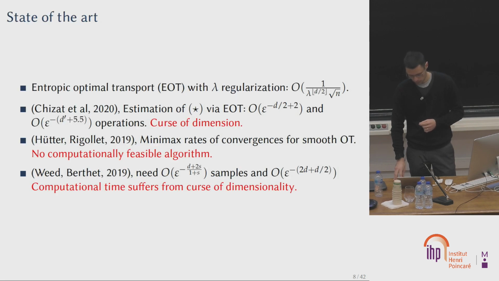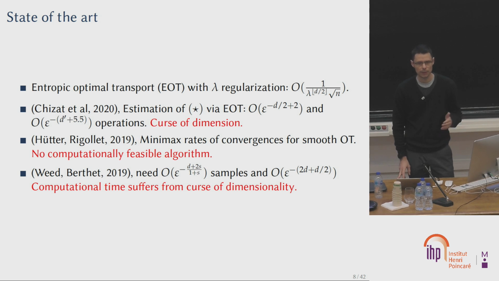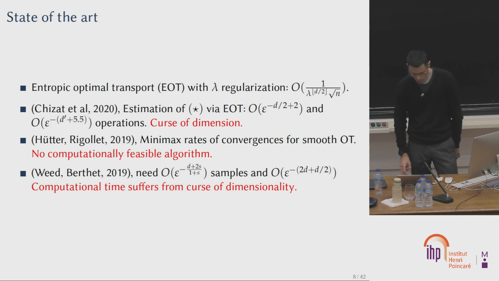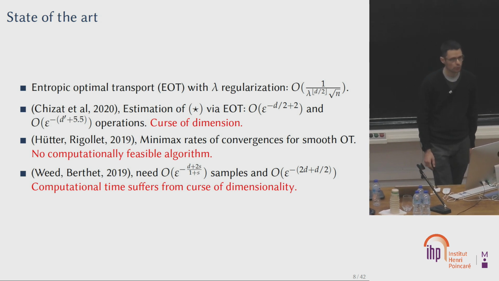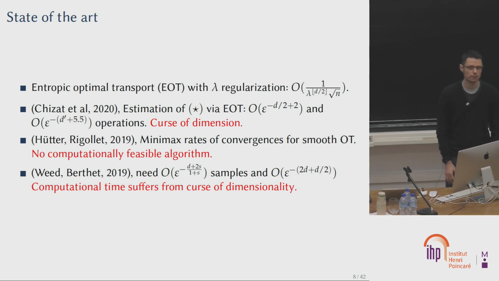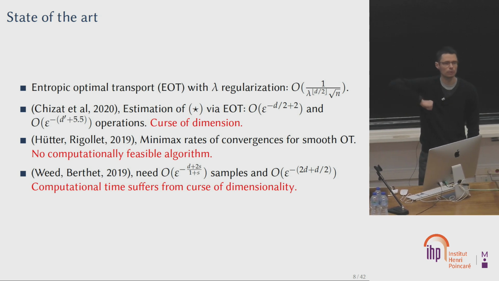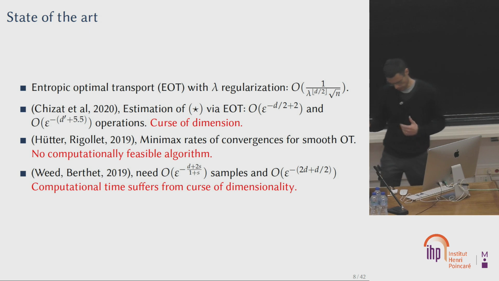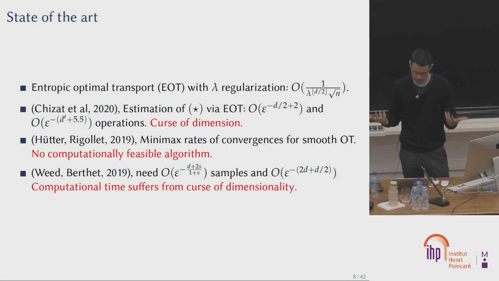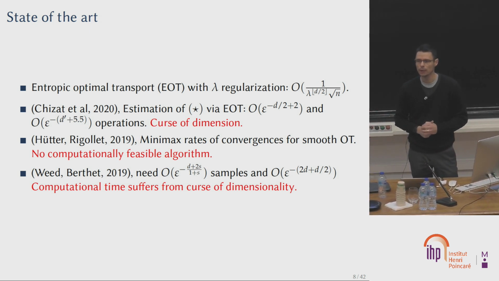Okay? So what was the state of the art 2 years ago? Maybe you know about entropic regularization. You can say, I'm going to regularize my problem, and then I'm going to adjust the regularizing constant in order to estimate the true underlying optimal transport problem. But it doesn't work. It's also cursed by the dimension.